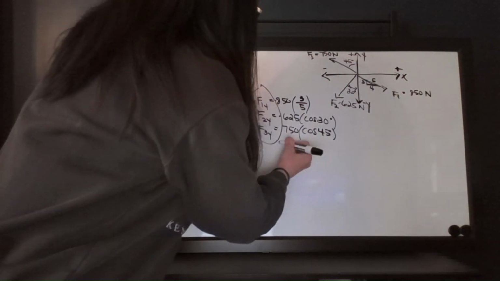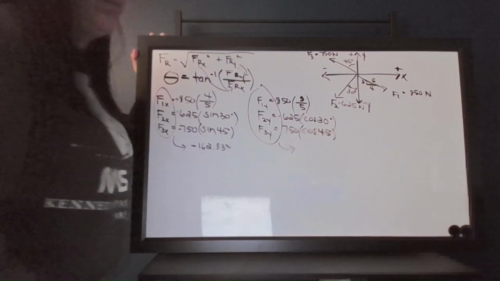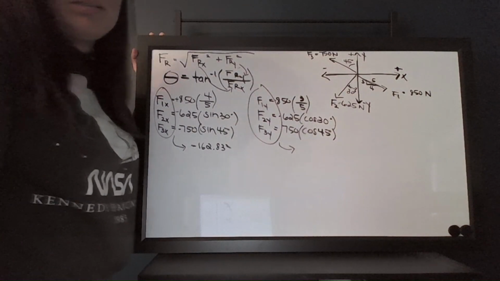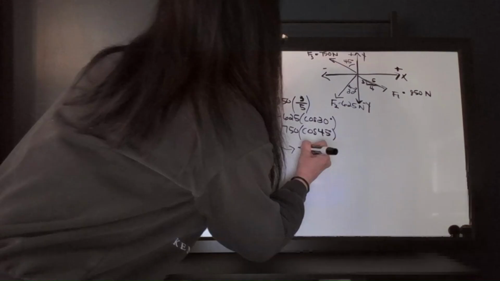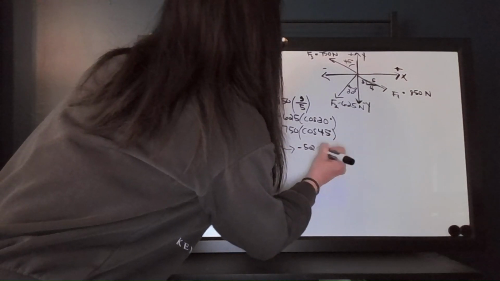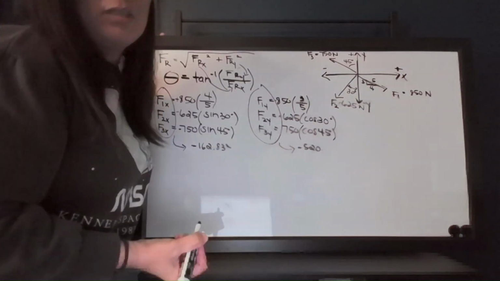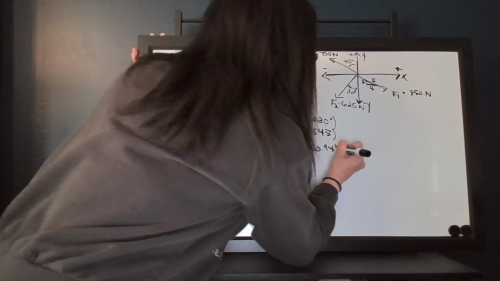Now this is going to be negative, looks like, 520.94 squared.